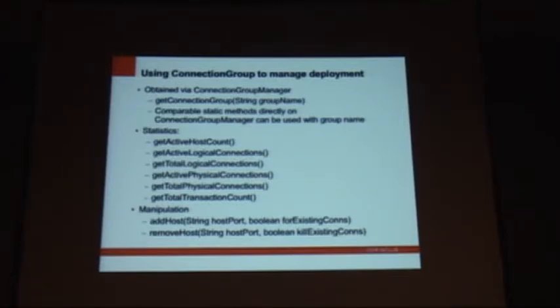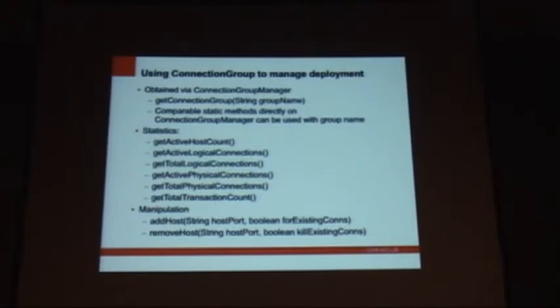And then there are also comparable static methods within connection group manager, and you pass in the group name to start with to specify which of the connection groups you want to affect. Statistics, there are some methods here for the information that we talked about earlier.